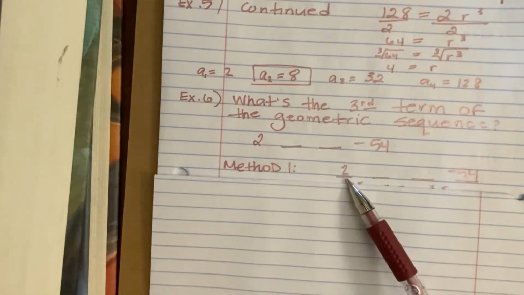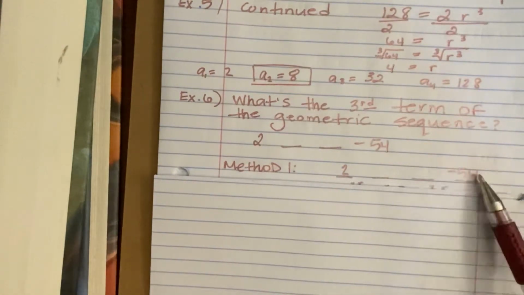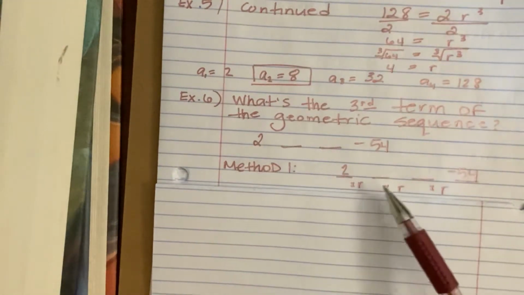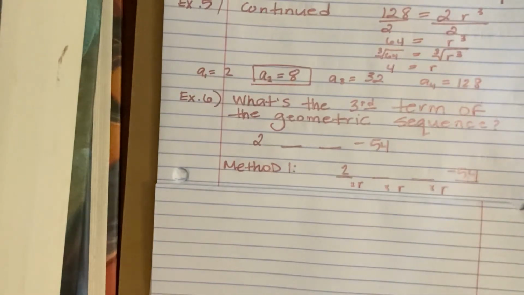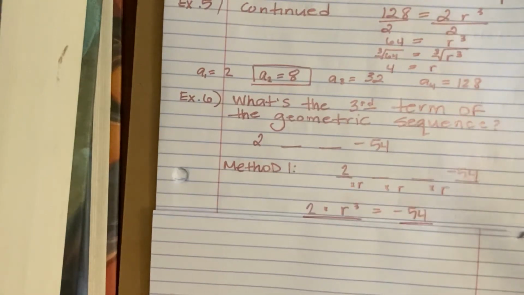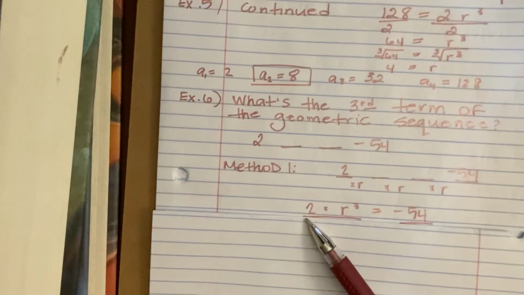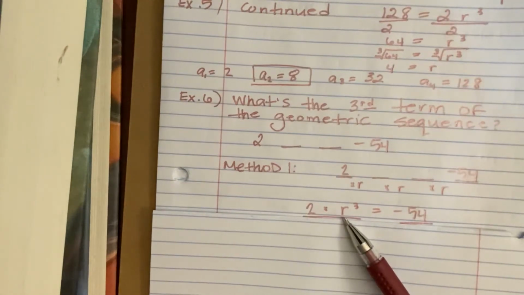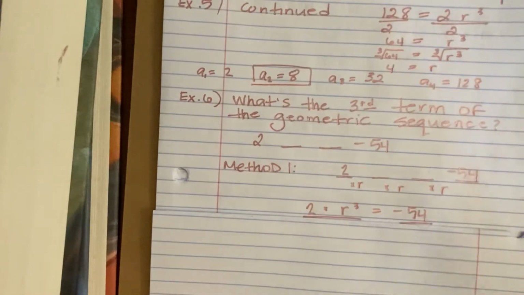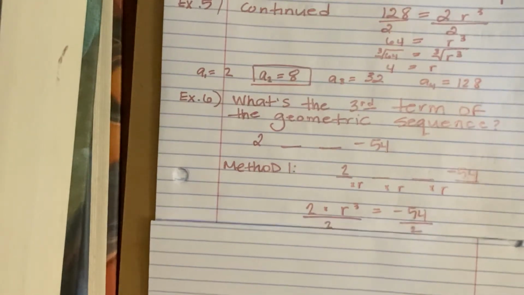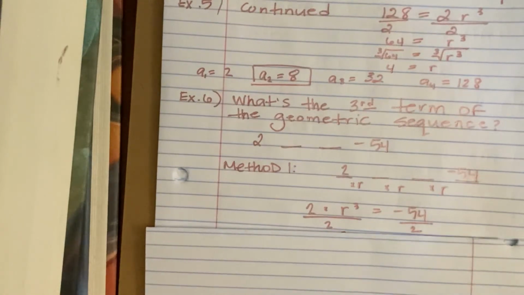Method 1, we start with a 2, blank, blank, negative 54. Every time we're multiplying by an r. So I'm just going to write my equation, starting with 2, and I multiplied by r 3 times, so that's r cubed is equal to negative 54. We're going to solve for r, the common ratio, by dividing both sides by 2.